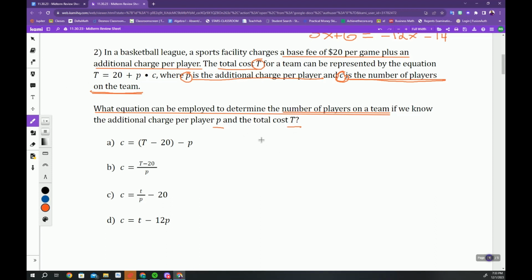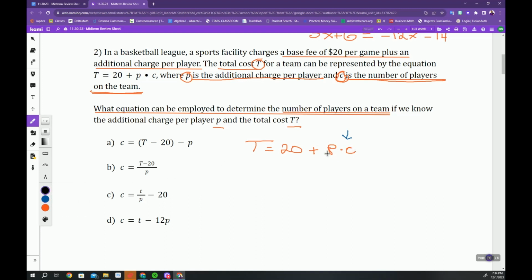So what we're going to do is take our original equation, T equals 20 plus P times C. And we want to make an equation to solve for C. So we are going to use inverse operations.